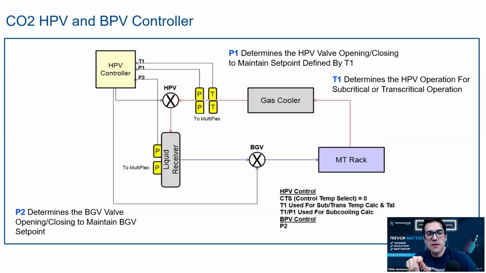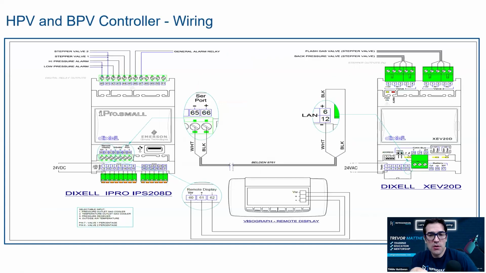So if we go back to the other slide where we had the iPro and the XEV20D. So what's really happened, the brains of the operation is in the iPro. It's taking the gas cooler pressure, the receiver pressure, the gas cooler outlet temperature. So it's calculating all that inside there.